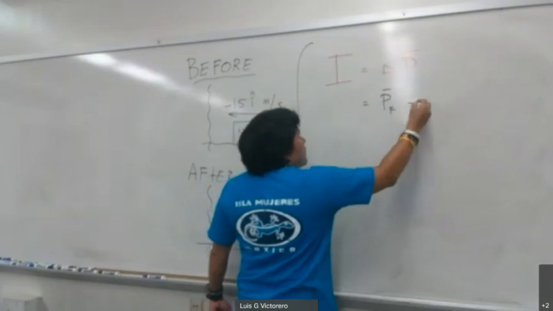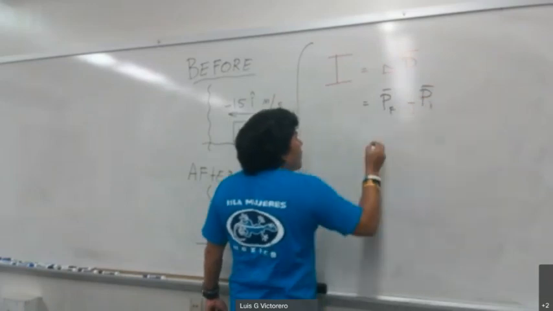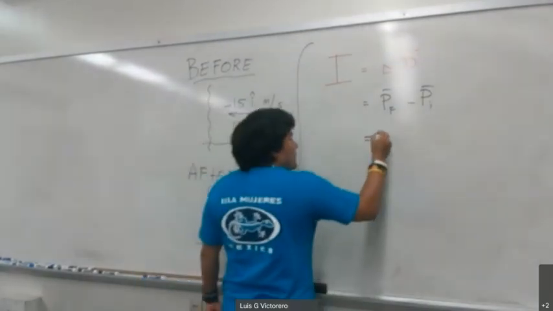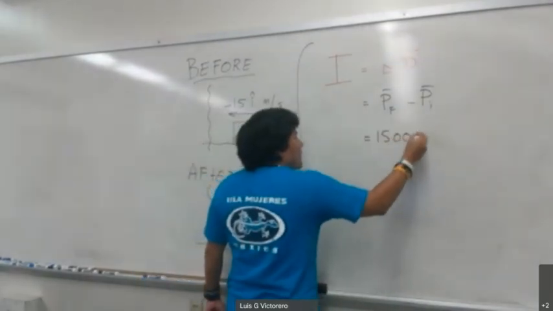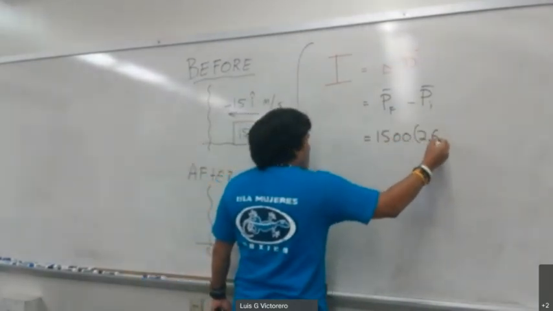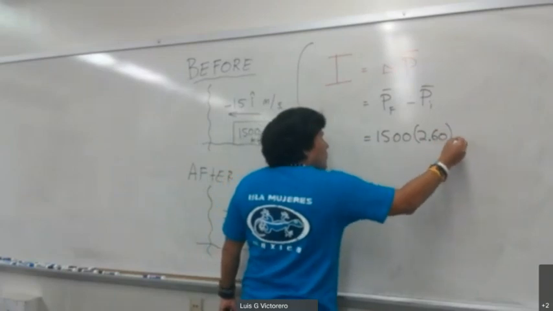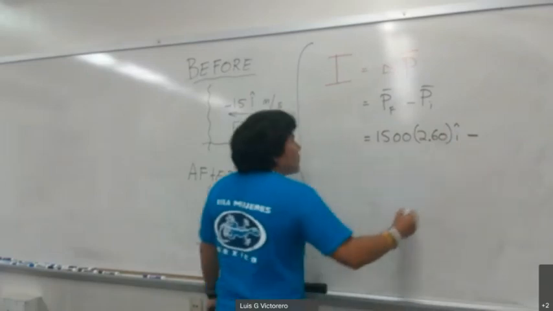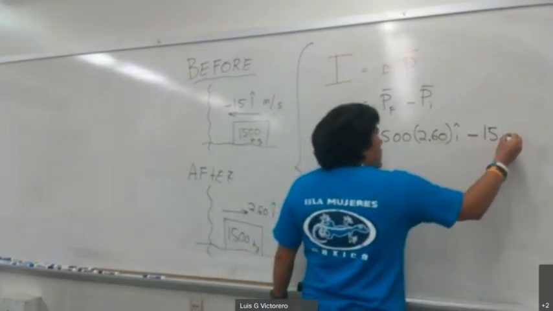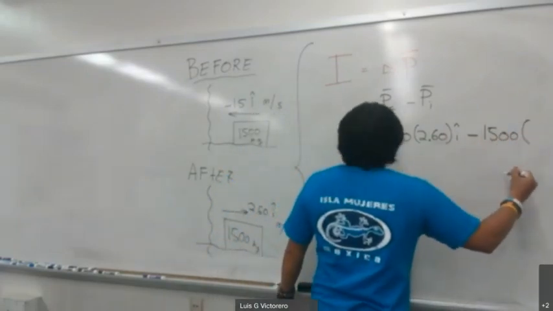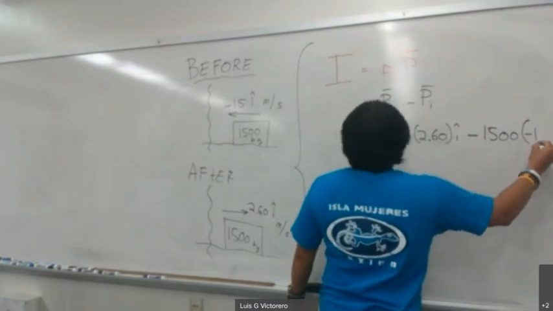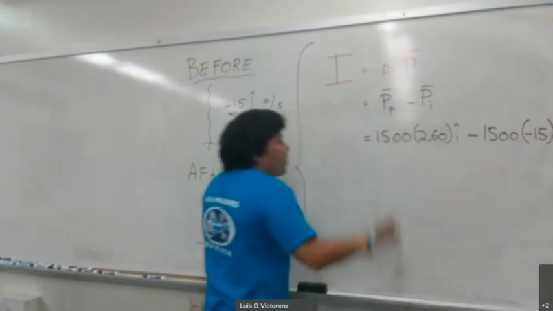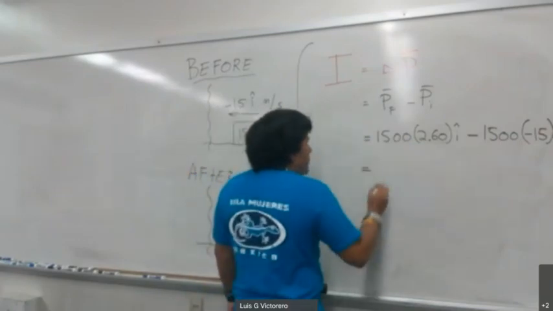Final vector minus the initial vector, the final will be that. Minus, so clearly minus and minus will add.